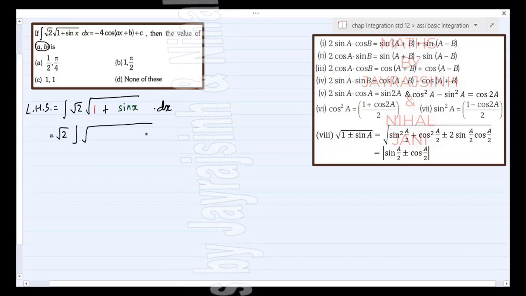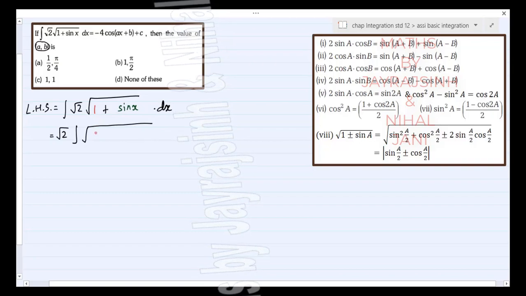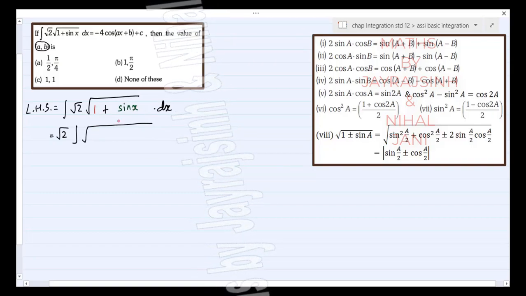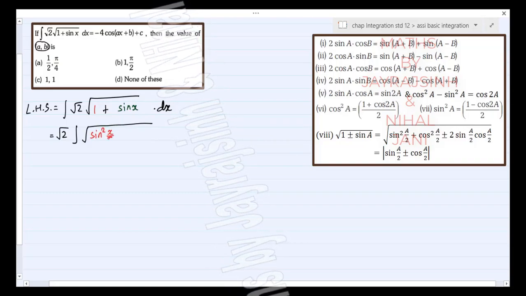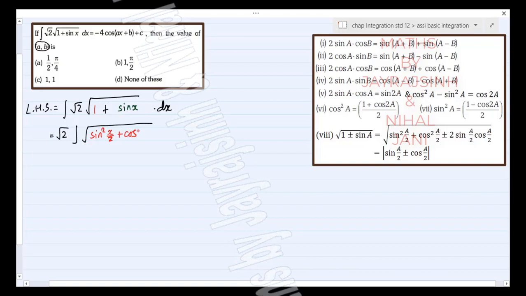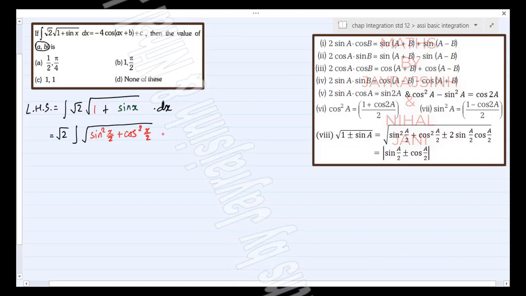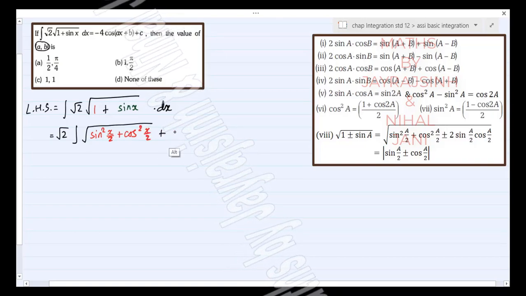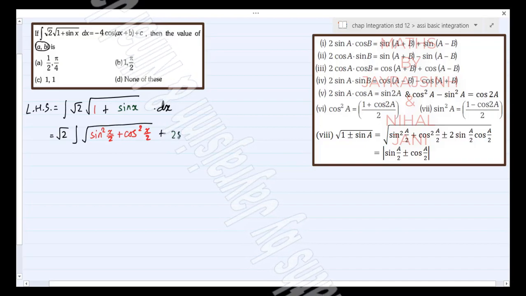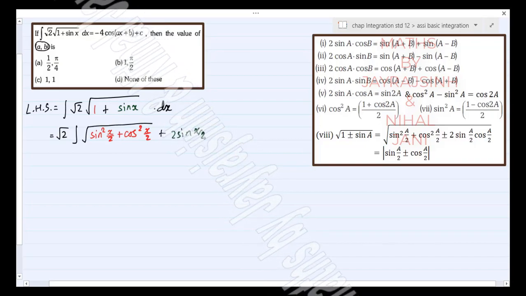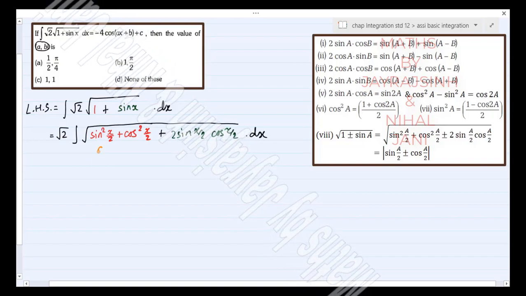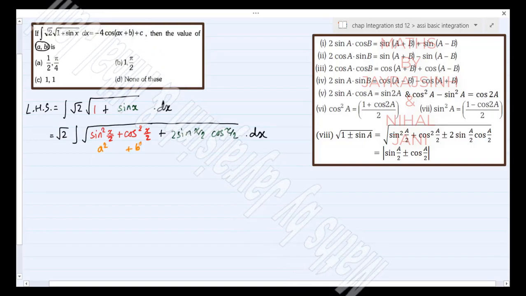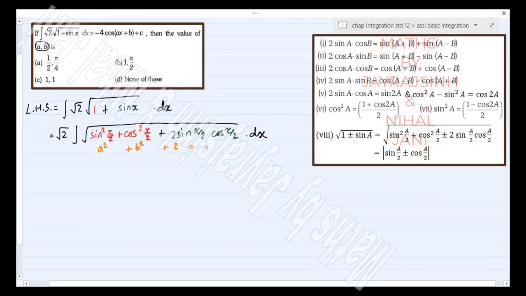Here we have sin x. So it is preferable that our theta must be half of this angle. Or we can say instead of 1, we will write down sine square x by 2 plus cos square x by 2. And sin x can be rewritten as 2 sin x by 2 cos x by 2. So here we will get a square plus b square plus 2 times ab form.